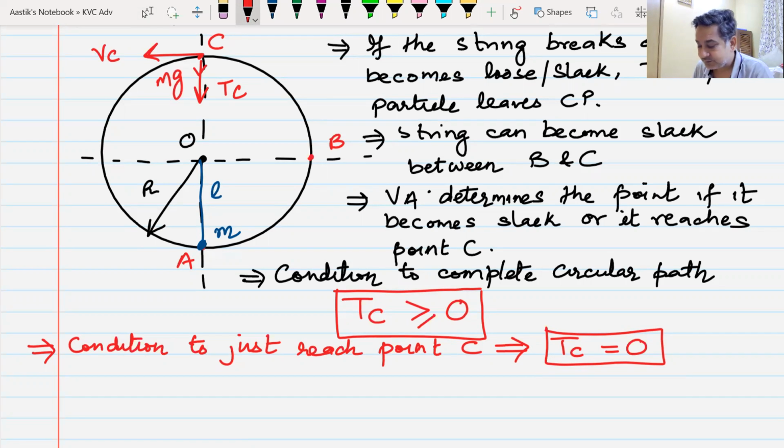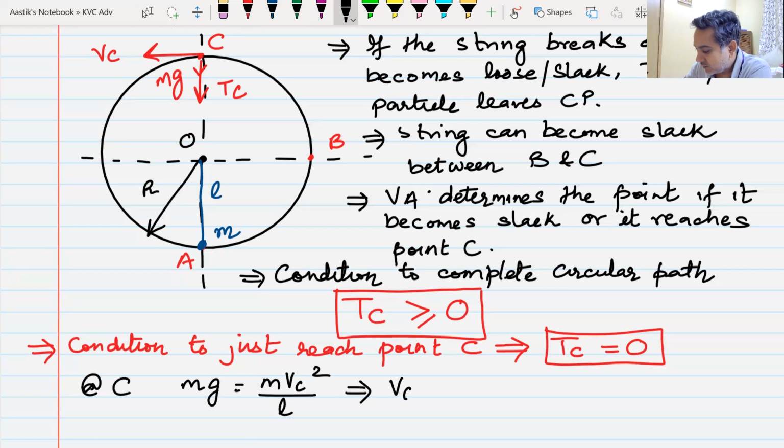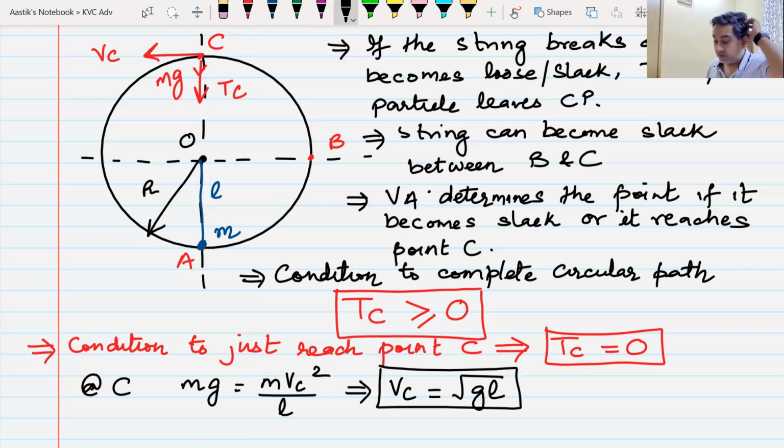Now you can tell me the equation at point C using this condition. mg is equal to mVC square by L. From there you can get the value of VC as root over gL. Do we understand this?